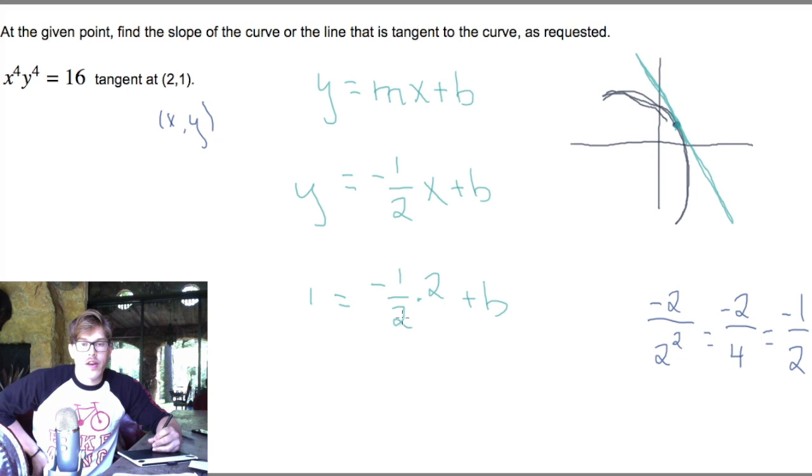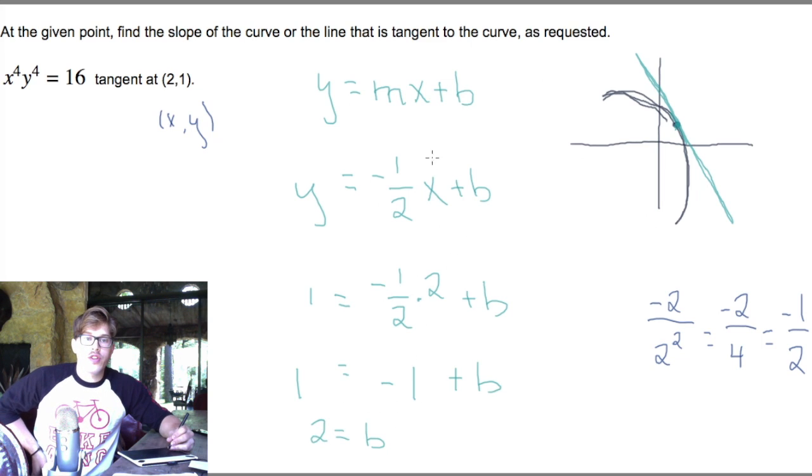So negative 1/2 times 2, that's going to be negative 2 over 2, which is just negative 1. So we have 1 equals negative 1 plus b. So we can move our negative 1 over to have 2 equals b. Therefore, we know our b.